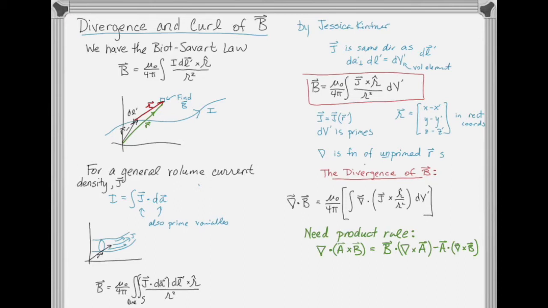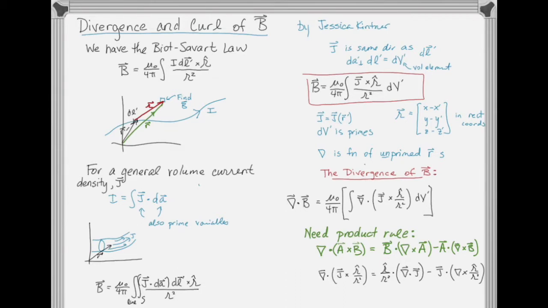Of course, we're going to substitute in our A and our B. So that's the next step. Instead of A and B, I have J and scripty R hat over scripty R squared. So applying that product rule, I try to write them one right under the other.